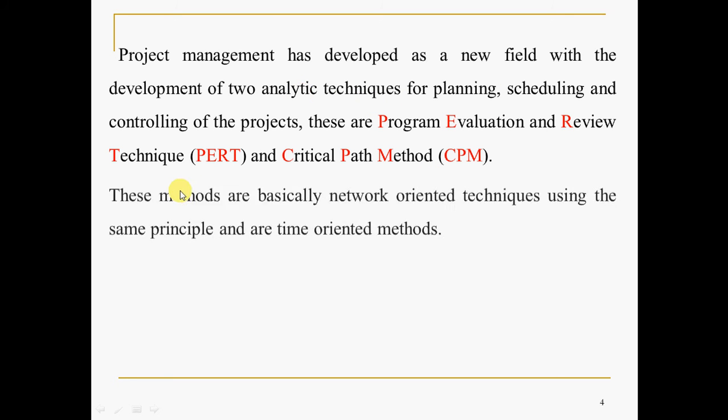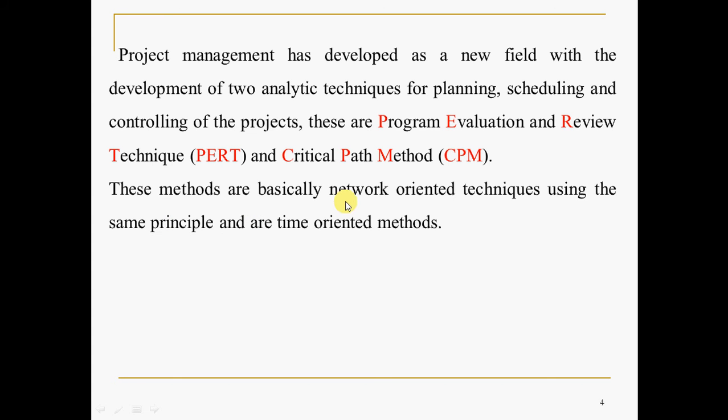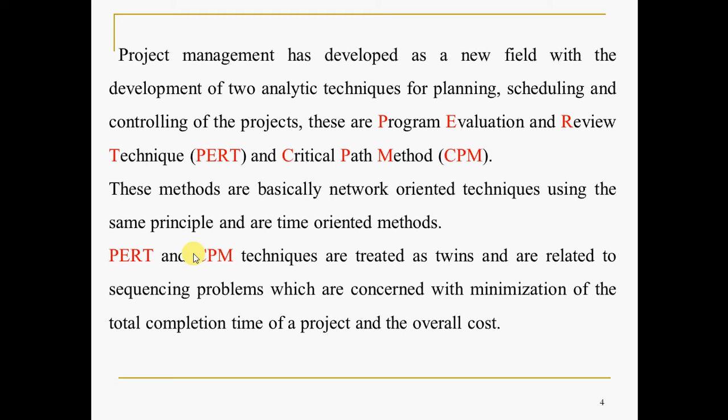These methods are basically network oriented techniques using the same principle and are time oriented methods. PERT and CPM techniques are treated as twins and are related to sequencing problems, which are concerned with the minimization of the total completion time of a project and of course the overall cost also.